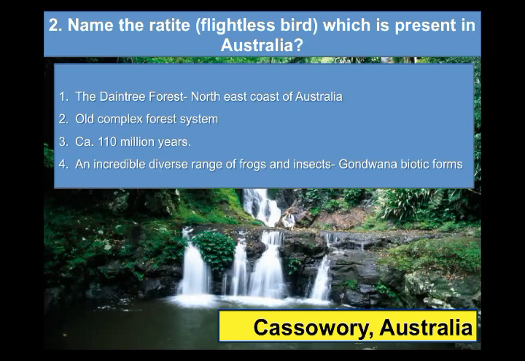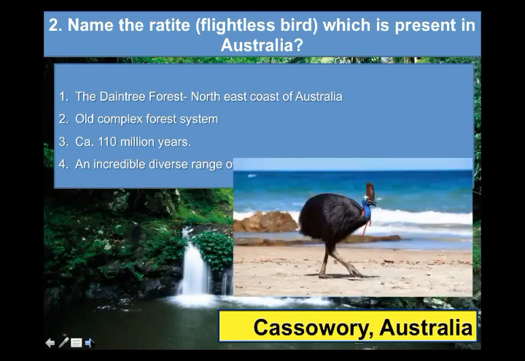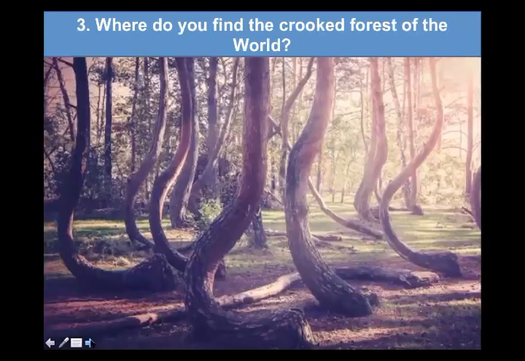So the presence of these frogs and insects in the Daintree Forest National Park indicates that probably this Australian plate split from the African Pangean supercontinent. That's how it was concluded, from the biogeography, especially the insect species diversity as well as the amphibian diversity. We know this bird, the cassowary, from Australia.